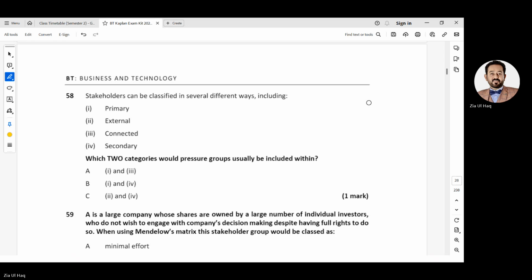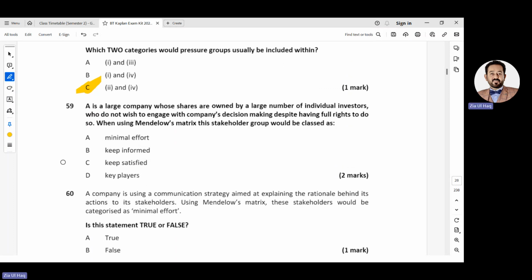External. Primary, connected, or secondary? Secondary. So options 2 and 4. Why not A, B? Because they are not primary.